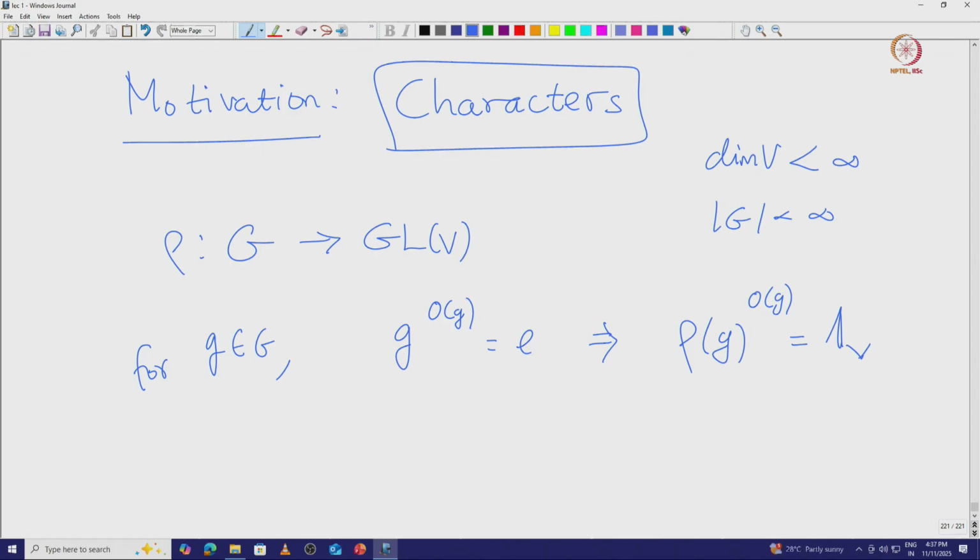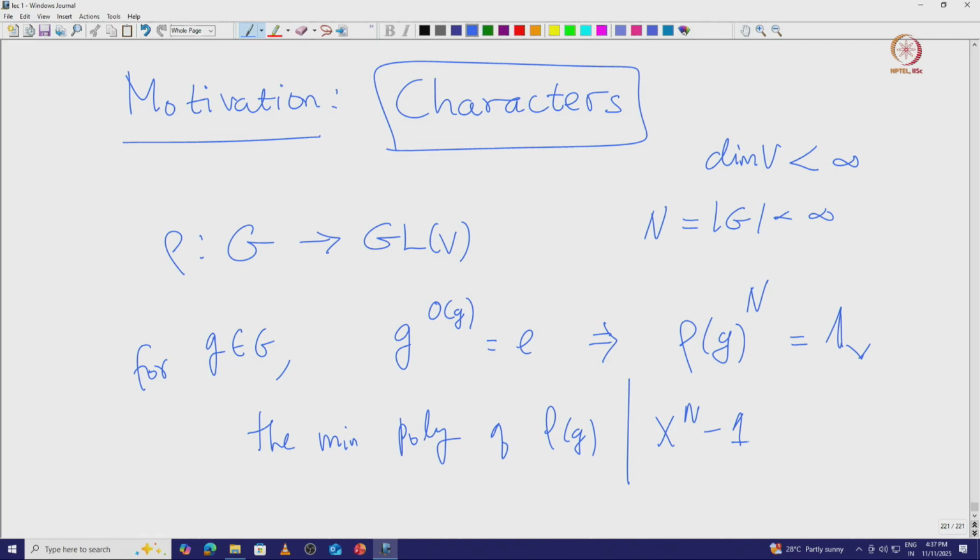not only that, the eigenvalues of this rho of g are all roots of unity. So, maybe let us call capital N the order of the group. If we use the order of the group, we can replace the order of g by this common number capital N. So, it is immediate that the minimal polynomial of this rho of g divides x to the power n minus 1.